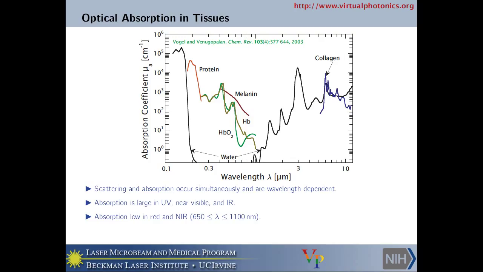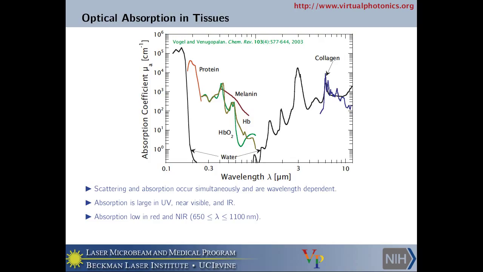So in tissues, you have a vast scale of absorption coefficients. Here's an absorption spectra for relevant chromophores in tissue over a fairly broad wavelength scale from the vacuum ultraviolet all the way into the infrared. Typically, we operate somewhere between 400 here to anywhere maybe to 1200 here.